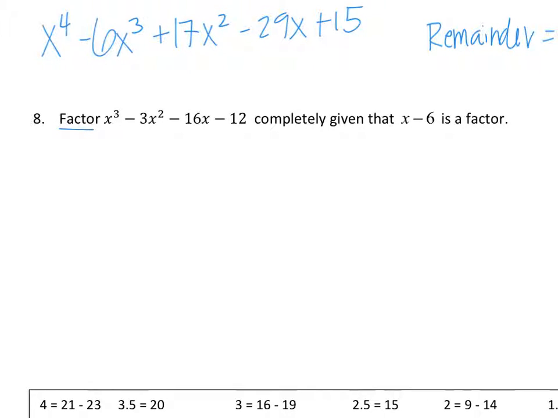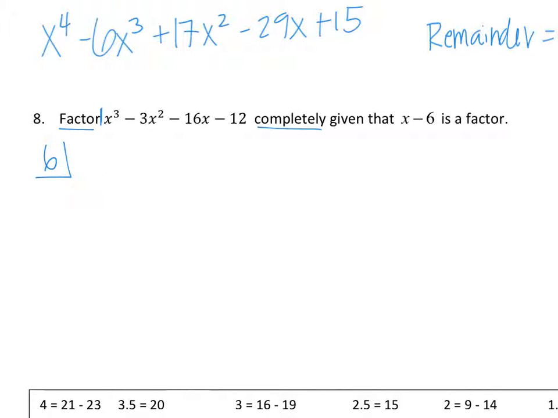So factor completely means that we'll start by doing the synthetic division, but then we'll be able to do our regular quadratic factoring we learned in chapter 4. So I'm going to start by putting a positive 6 up on the side, and then all the coefficients, all the numbers in front of these x's.